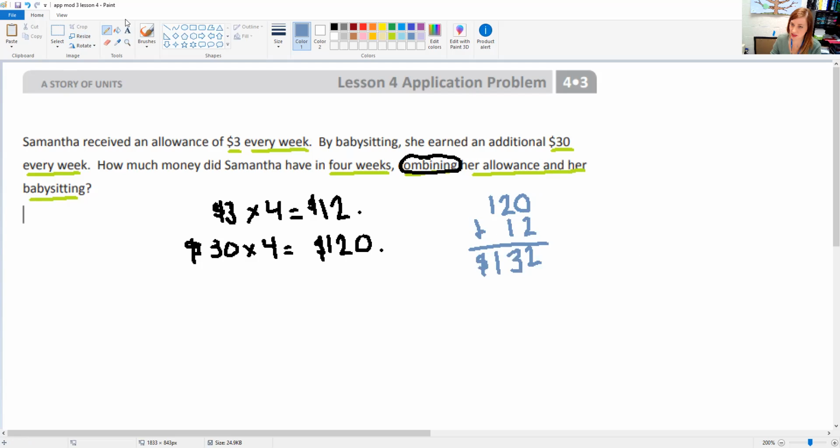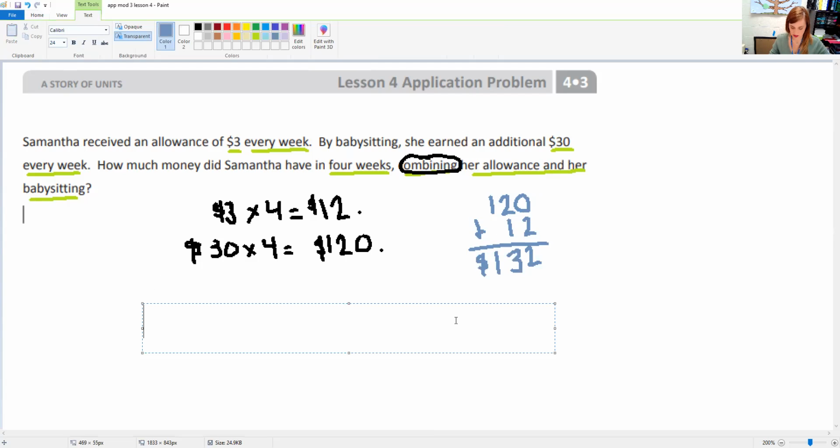Now let's just answer it in a sentence. So we want to make sure that we're answering using part of the question. How much money did Samantha have in 4 weeks combining her allowance and babysitting?